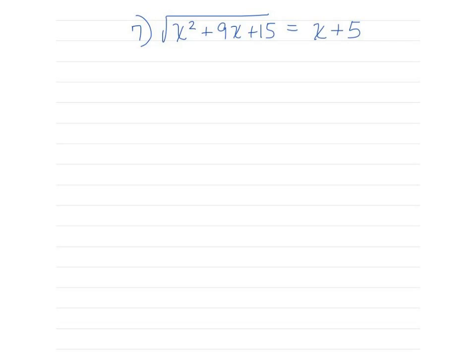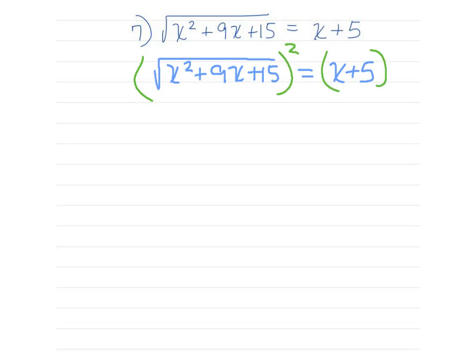Number 7. I have radical x squared plus 9x plus 15 is equal to x plus 5. My first step will be, of course, to square both sides to get rid of the radical symbol.